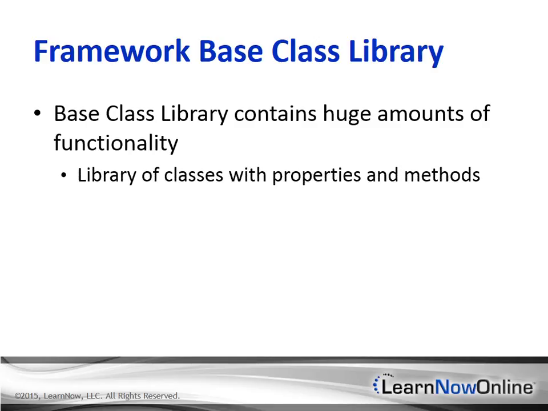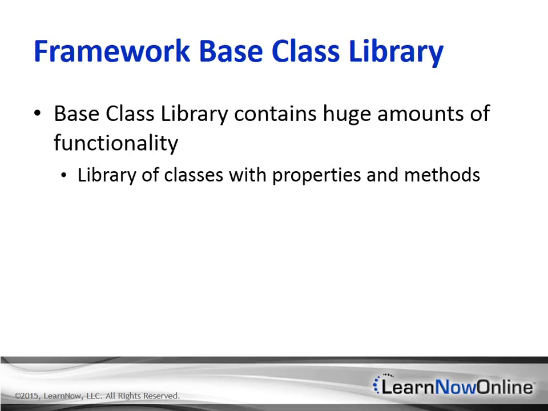The BCL contains a large number of classes, blocks of functionality containing properties, which is information or data about a feature that you can retrieve or set, and methods, which are procedures that you can call to perform some action.